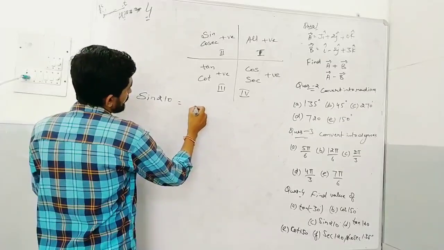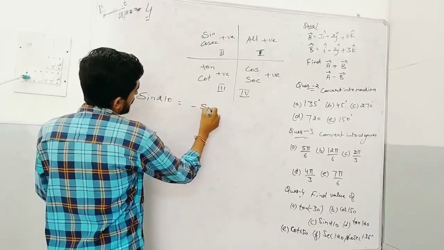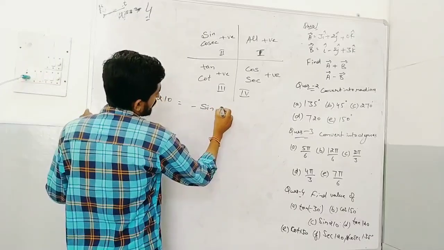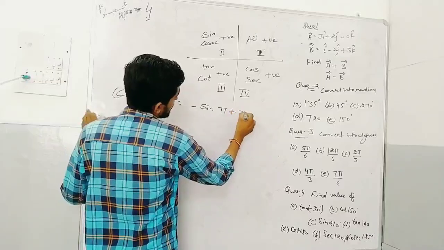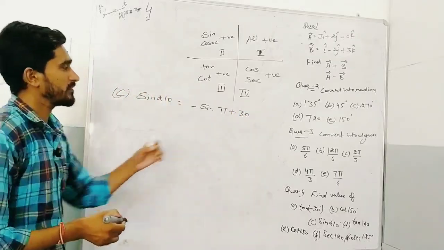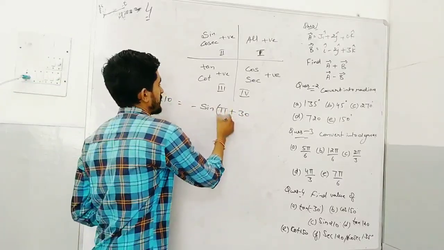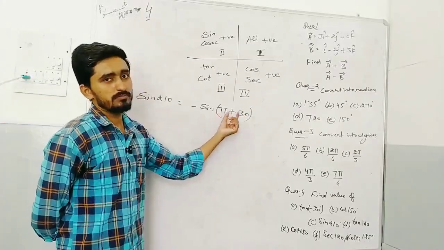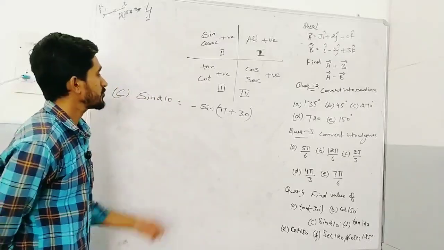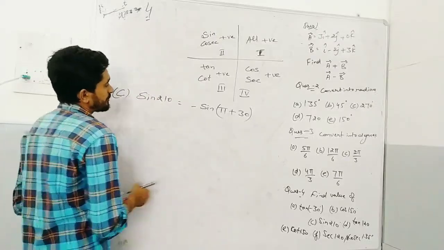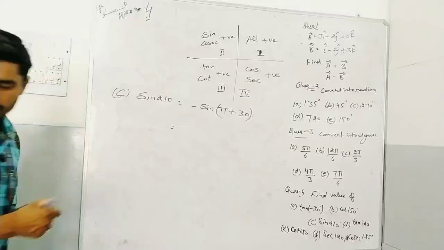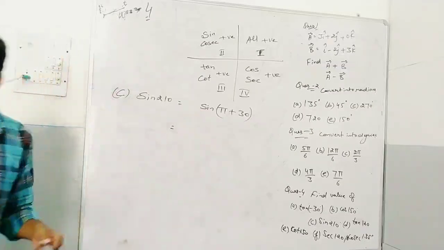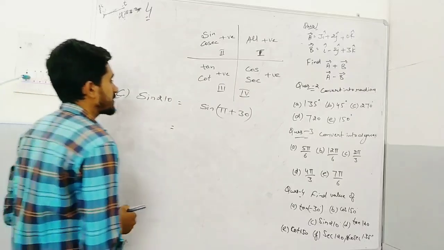We can write it as minus of sin of pi plus 30, where pi is 180, plus 30 is 210. If you are confused with this sign, you can remove it, but ultimately you have to adopt this sign.